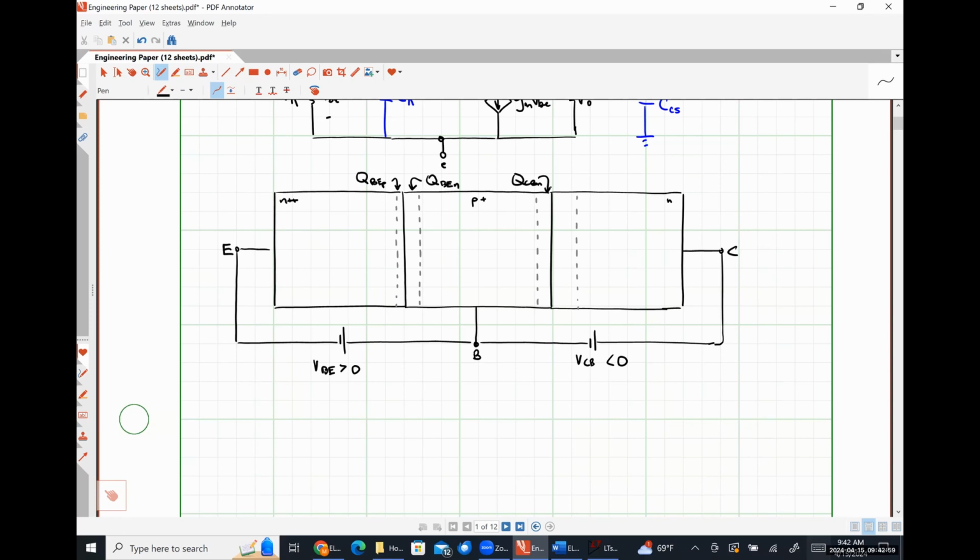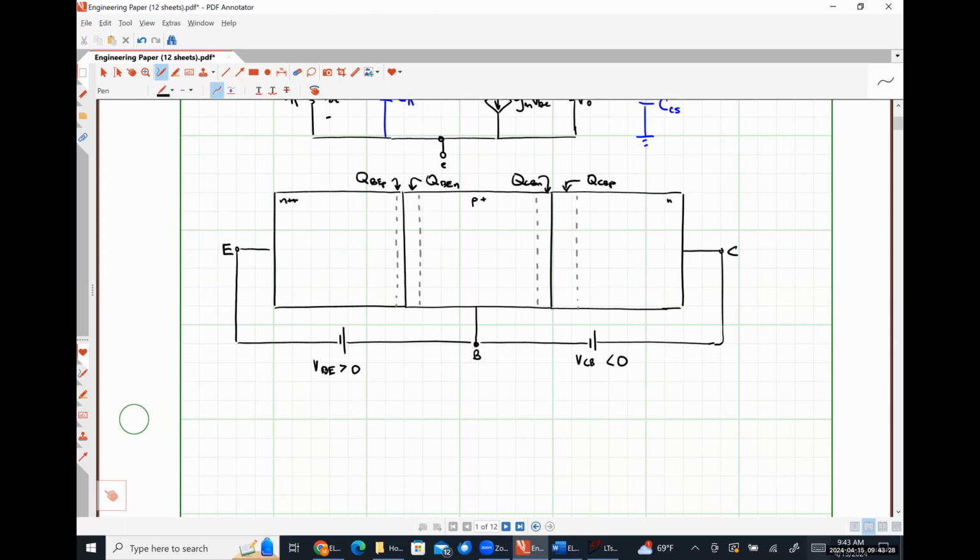QCBN will be stored here. And QCBP will be stored here, right? So we have two different PN junctions, each with accumulated charge on either side of their depletion region. And so this is where two of our capacitances wind up coming from. We're going to wind up lumping these together in a moment.